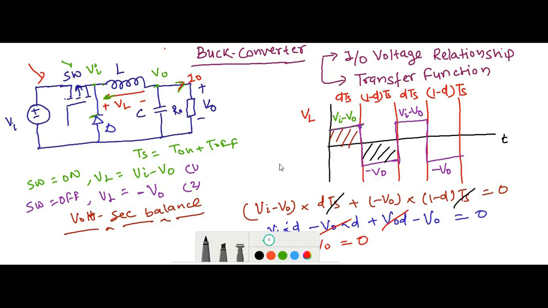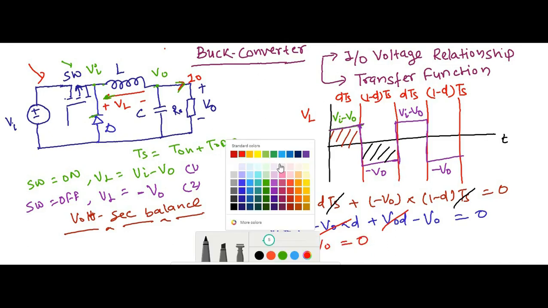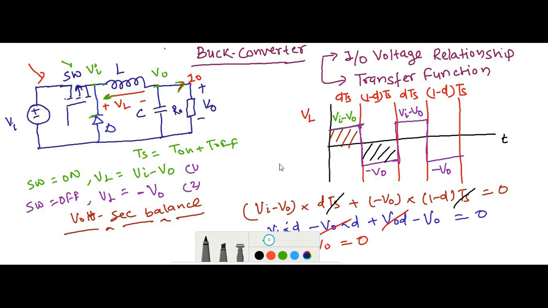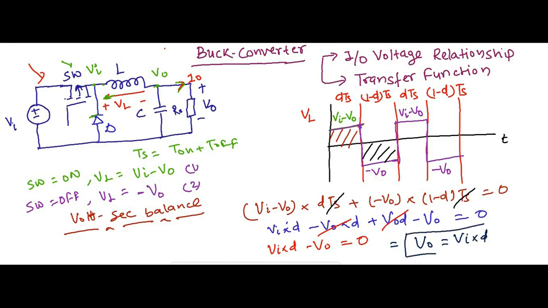This is the equation you got, and if you try to find the transfer function, you can write V naught equals Vi into d. This is the input output relationship in the buck converter. You can name it equation number 3, and with this input output voltage relationship you can find the duty cycle of your buck converter.